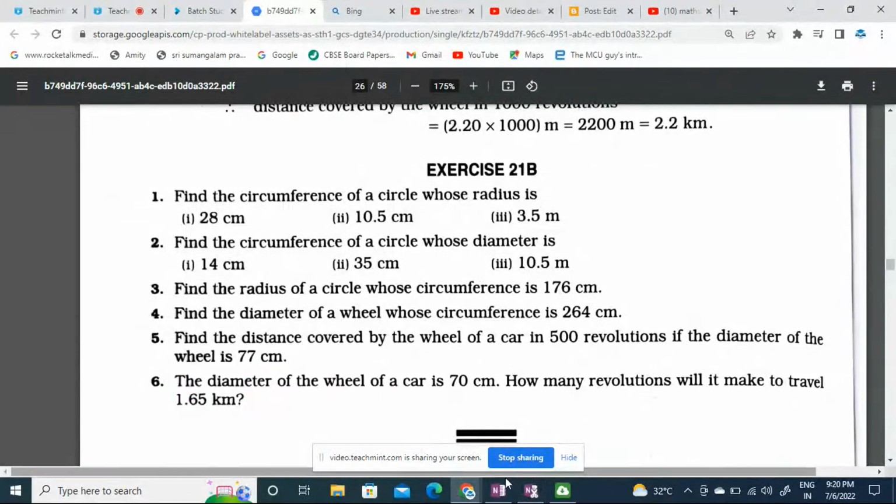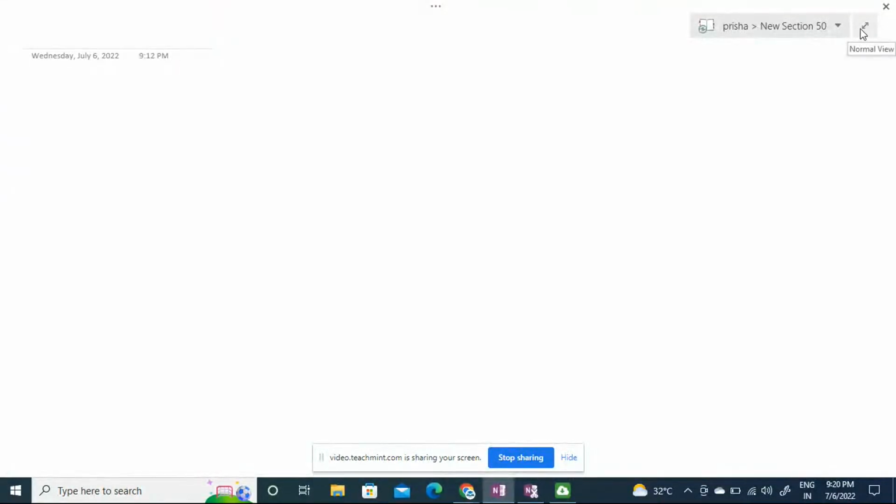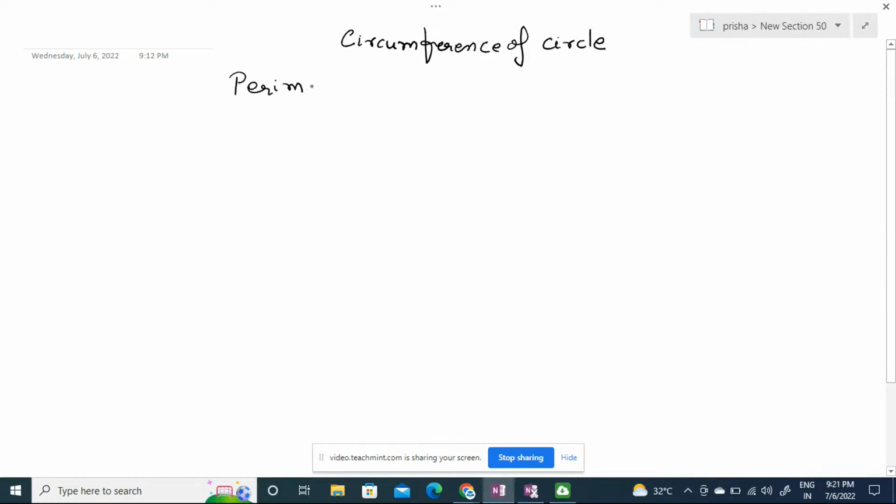So let's start. Firstly, the concept about the circumference of the circle. Circumference of the circle is the perimeter of the circle. Perimeter of circle is known as circumference of the circle.